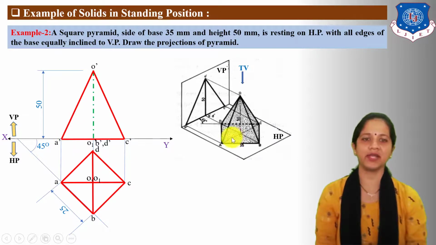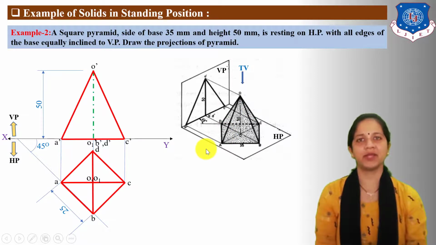Now any pyramid has triangular faces, so if a pyramid rests on HP on its base, then its front view is a triangle. The square pyramid has four slant edges OA, OB, OC and OD. From the front direction, the visible slant edges are OA, OB and OC.